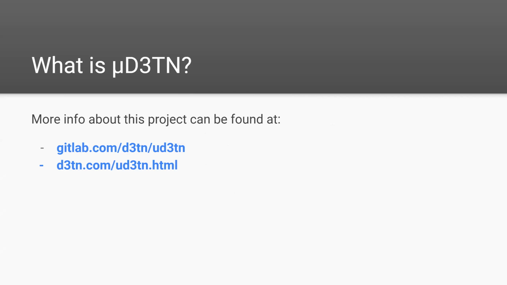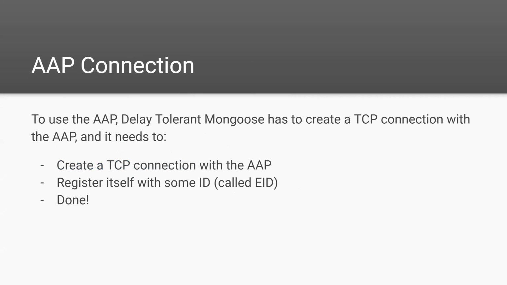And yeah, so I have the explanation for the AAP connection here. In order to use micro-DTN, first you have to register your application, and you will receive some ID.